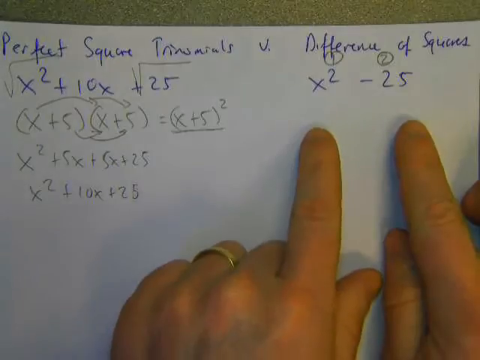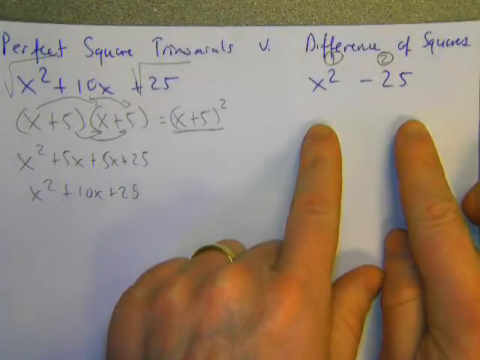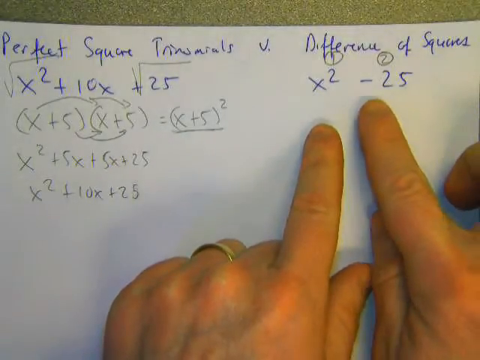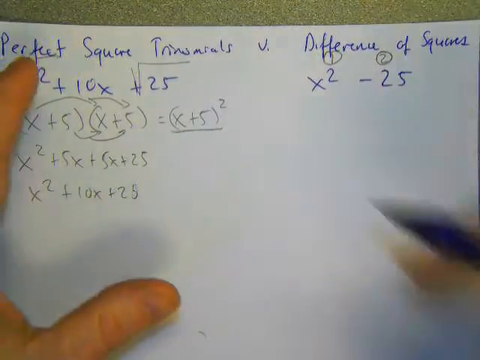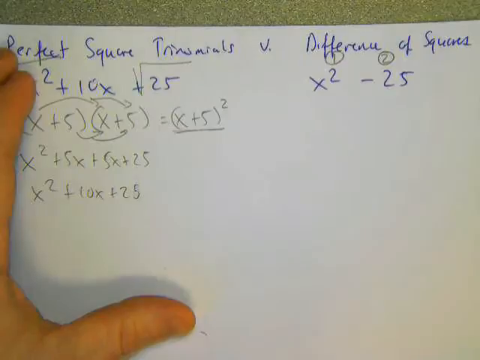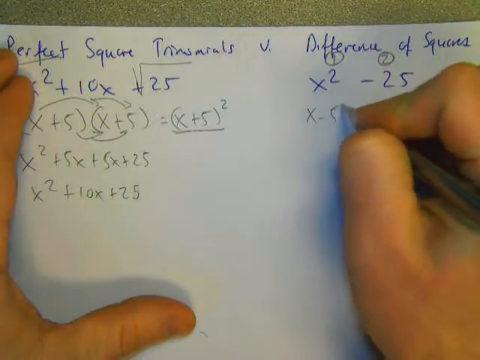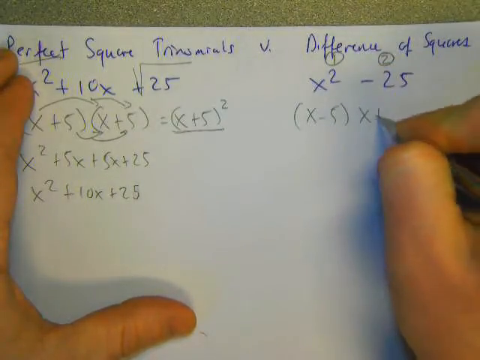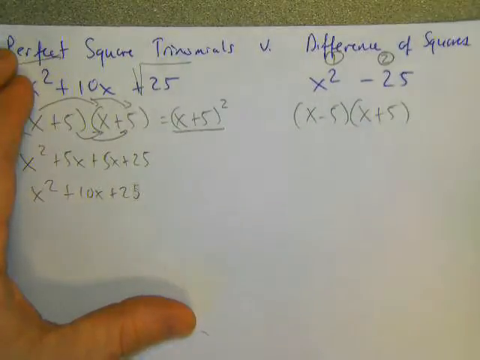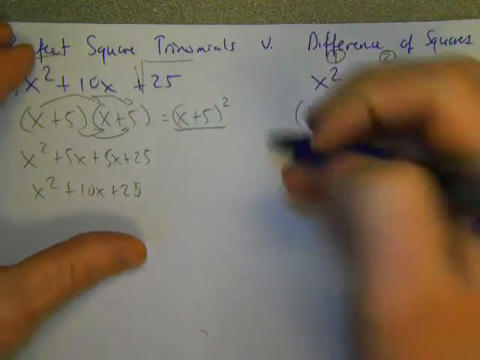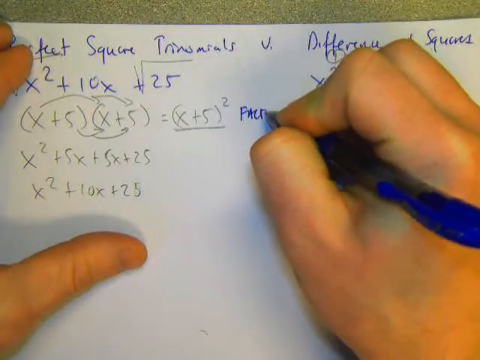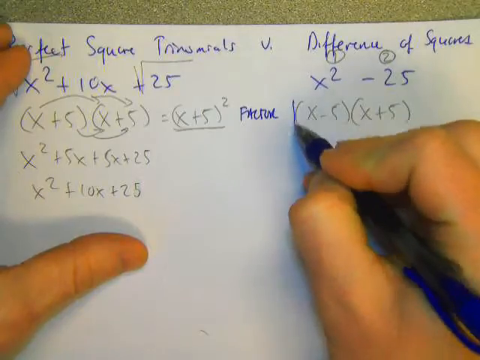Difference of squares. Difference has to have a minus, and then there's only two of them, and they're both perfect squares. X minus 5, x plus 5. So again, if we talk about final answers, if we're asked to factor, we would be good with this.